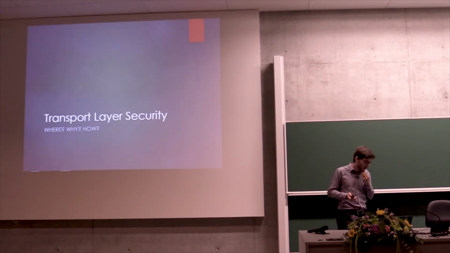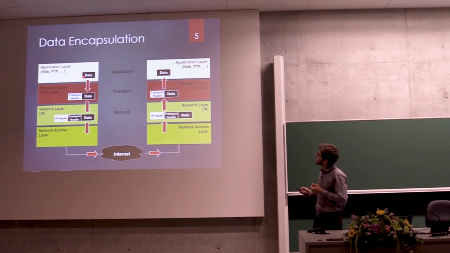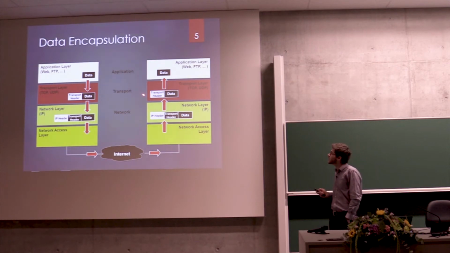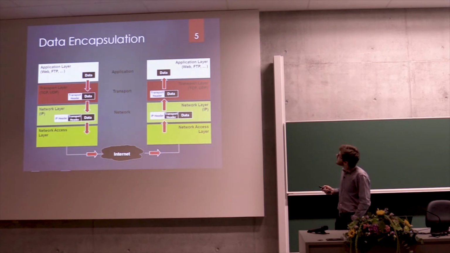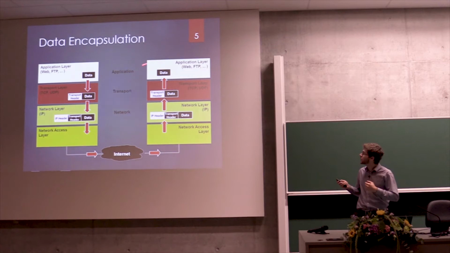TLS, where is it? Why is it there? How does it work? So in essence, TLS sits at the very top layer. So it's kind of the first thing that a web server would communicate over at the application layer. We have all these layers that really help the data going through.